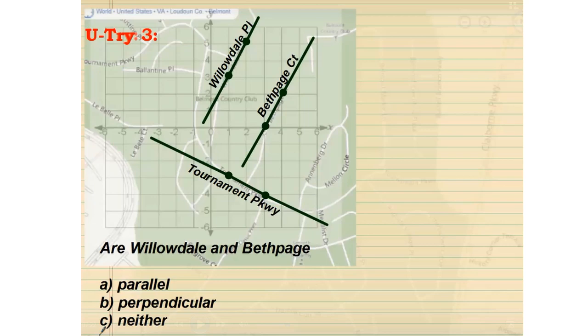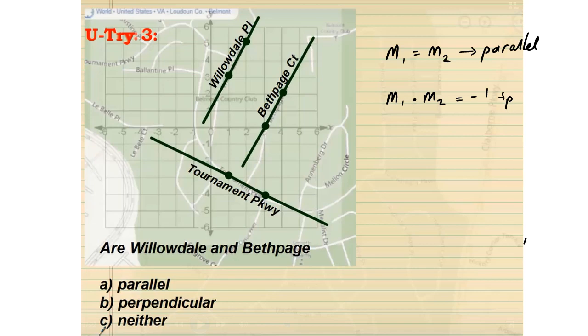By looking at the slopes of the lines, we can also determine whether two lines are parallel, perpendicular, or neither. If the slopes of two lines, m1 and m2, are exactly the same, then the two lines are parallel. If the slopes of two lines are negative reciprocals of each other, then m1 times m2 would be equal to -1.